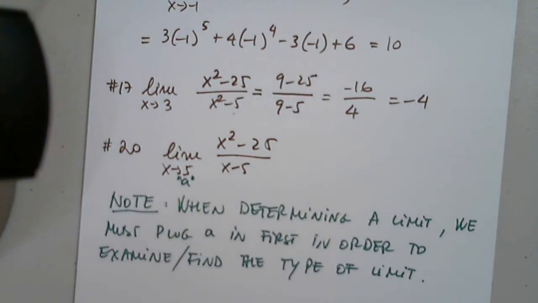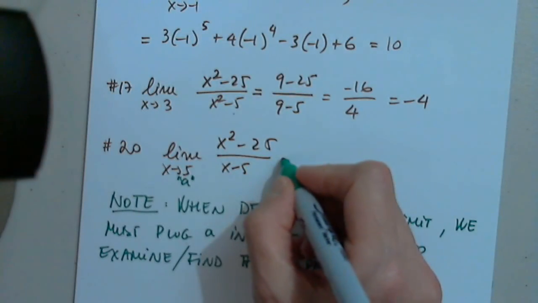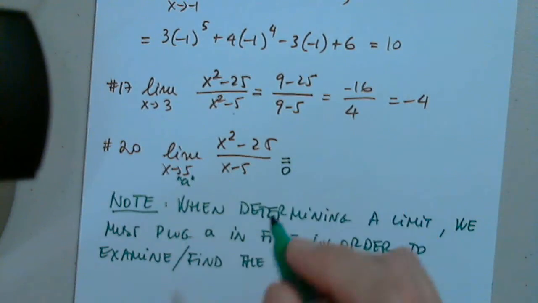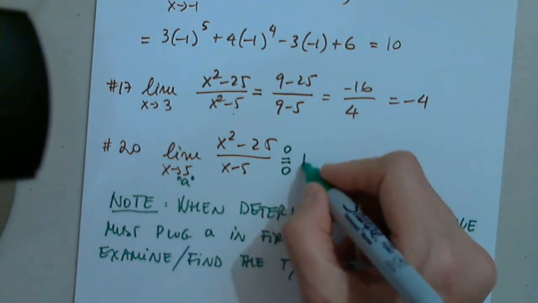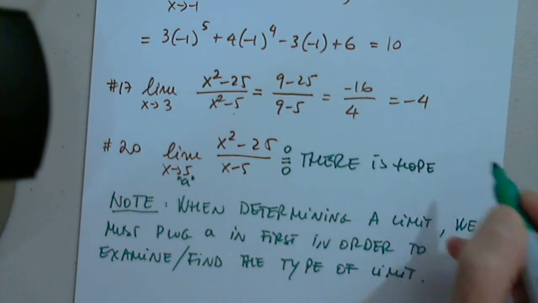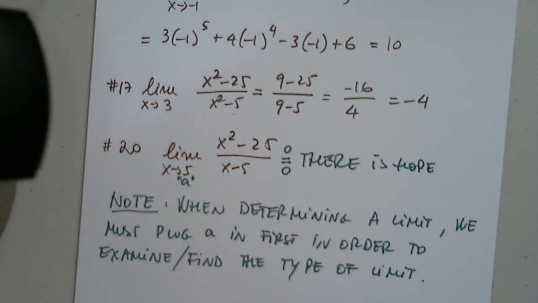Here I have to see the type of limit this is. So please plug in 5 at the top and 5 in the denominator. It would make the denominator 0. Good. What else? And the numerator 0. There is hope. No guarantee, but the limit may exist.